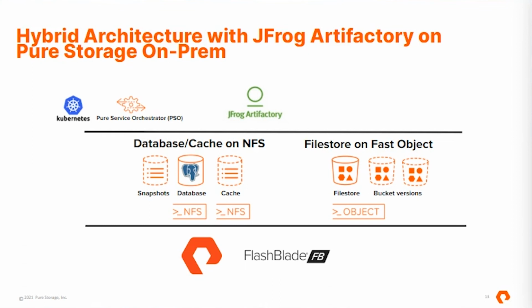But when you have a heterogeneous setup, like a database sitting on local servers backed by NVMe, with your repository sitting on a FlashBlade object store, how do you take a backup? How do you maintain consistency between the database and the file store? You can obviously say, well, I'm going to use the server snapshotting capability there, and then take another one with the repository or the file store. But it may not be application consistent. It could be crash consistent.